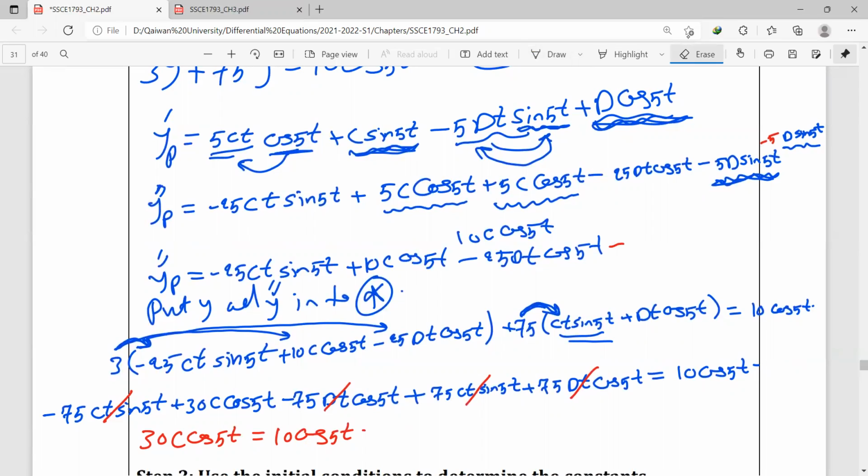It's minus 10D sine 5t. You have that also.